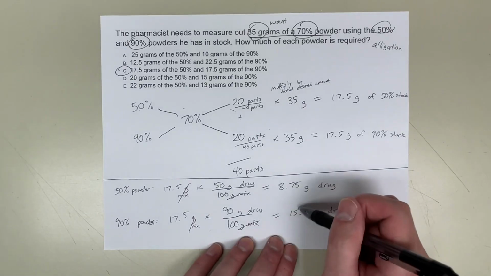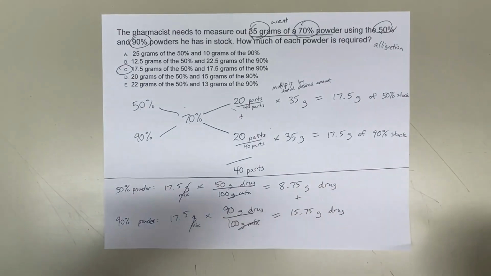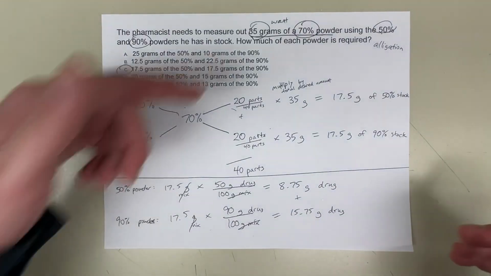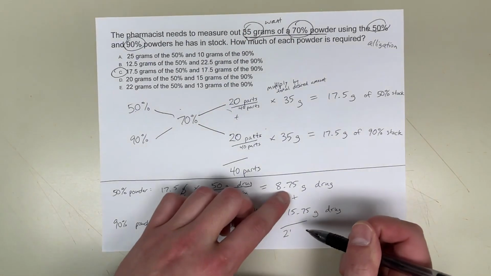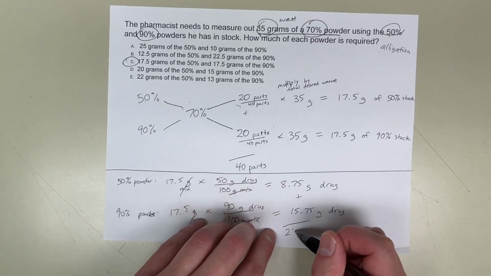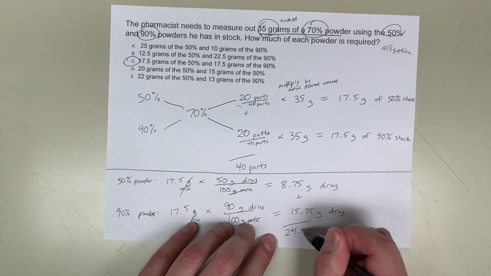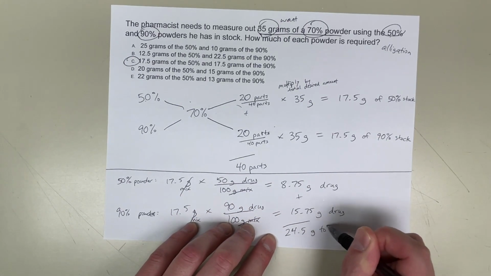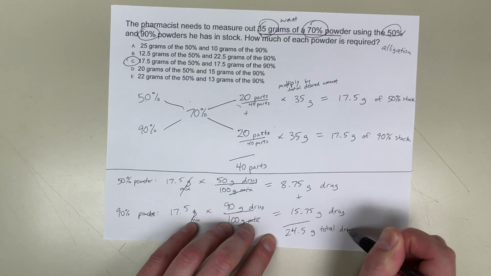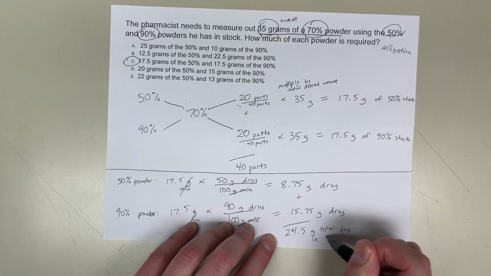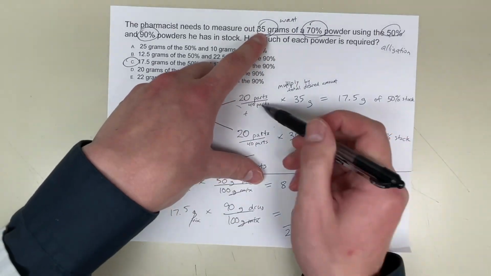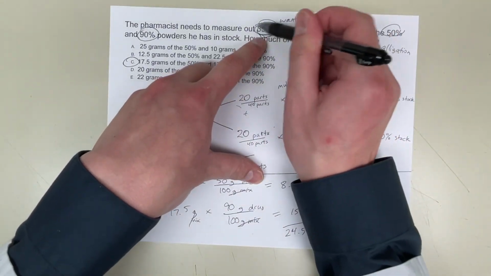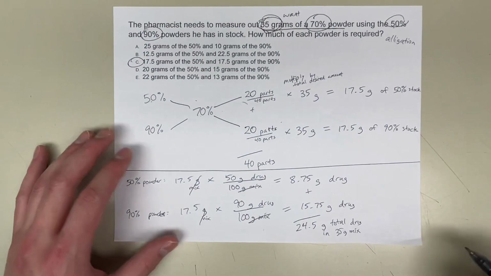So next I'm just going to add these two together to get the total amount of drug in this 35 gram mixture. So 8.75 plus 15.75, that equals 24.5 grams of the total amount of drug in 35 grams of mixture, right? Because that's what I forced to set it to, 35 grams total in the mixture.